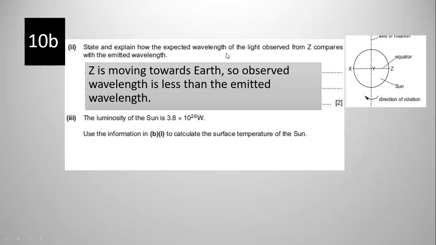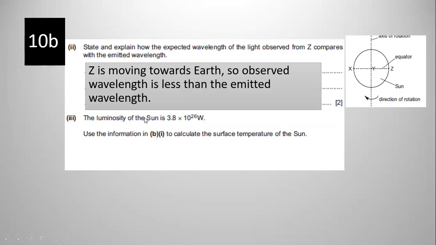Z is moving towards the Earth while X is moving away, so the observed wavelength of X will be longer. We are interested in Z. So Z is moving towards the Earth, so the observed wavelength is less than the emitted wavelength.